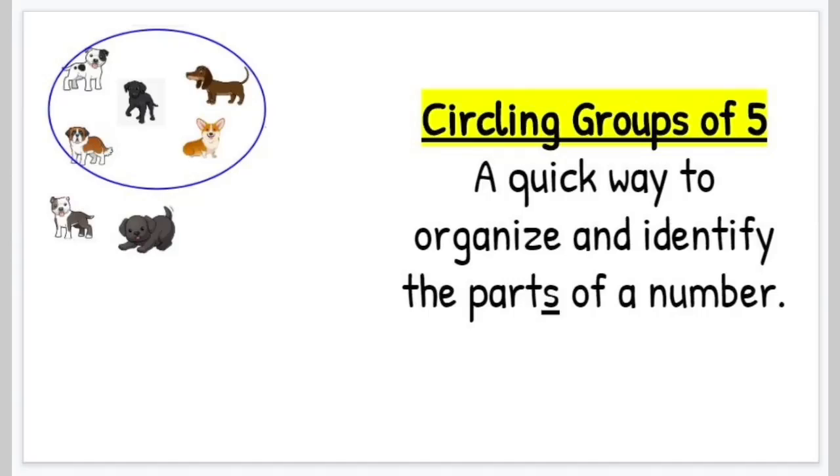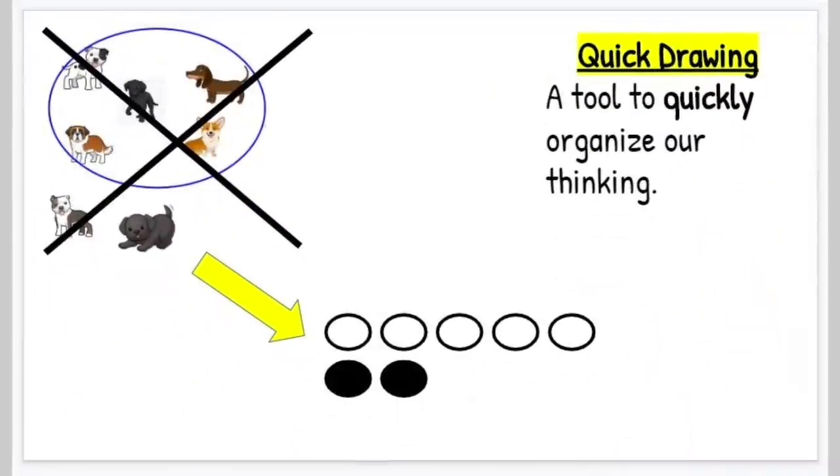Circling groups of 5 is a very important tool to use to stay organized. Okay, and we talked about how mathematicians use their time wisely. So a quick drawing is very important. I know it's so fun to draw things like these cute puppies, but if we are using our time wisely, we need to draw quickly.